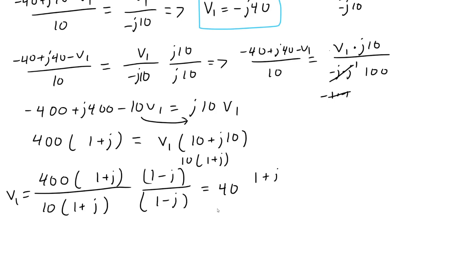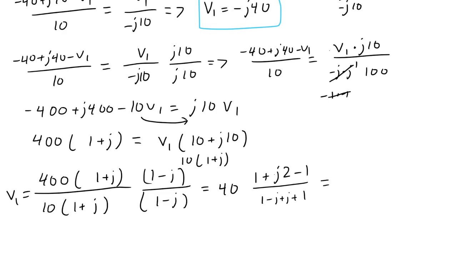and plus j. So it's going to be plus j squared, minus 1, because j times j is minus 1. And it's going to be divided by, let's see, 1 minus j plus 1.